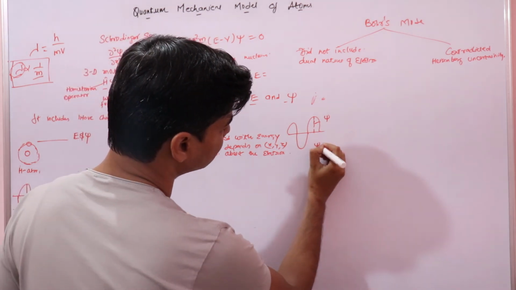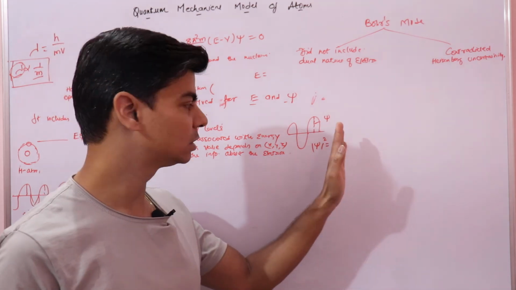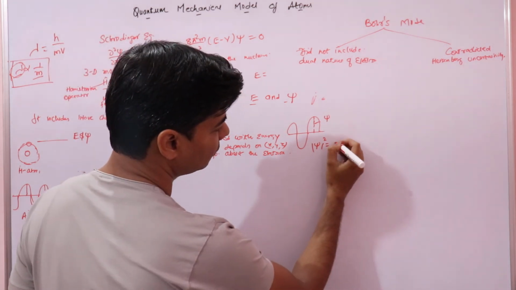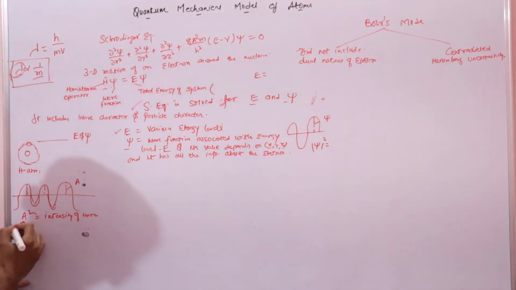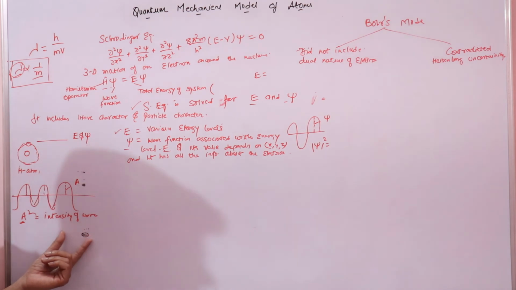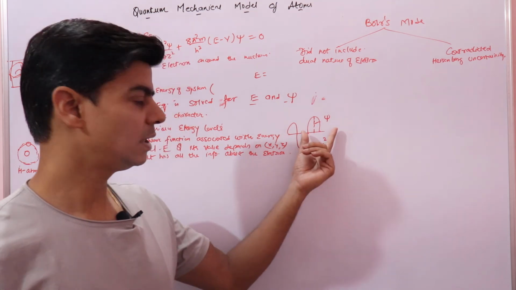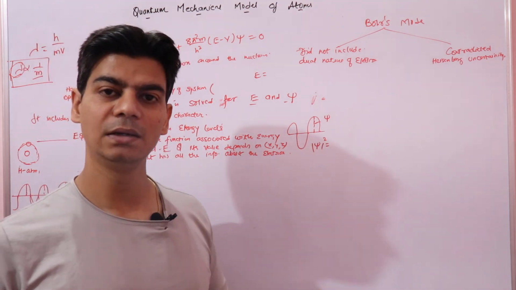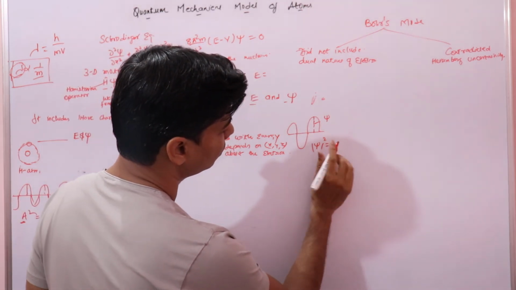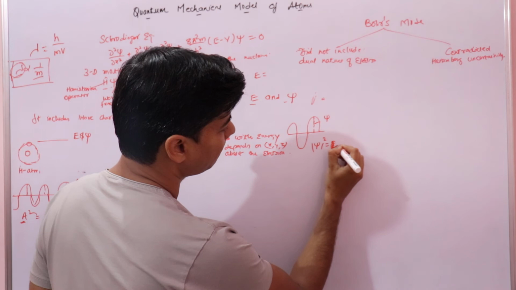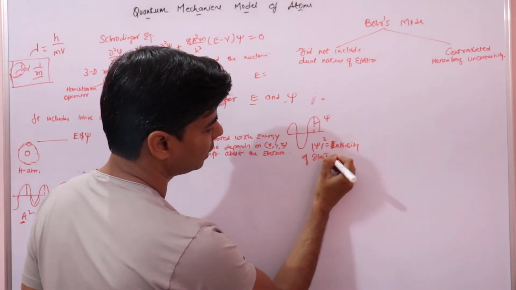So if you take the square of the magnitude of psi, since the square of the amplitude of a sound wave gave you the intensity of sound, and for a light wave it gave you the intensity of light, now this is an electron wave, so it will give you the intensity of electron at any point.